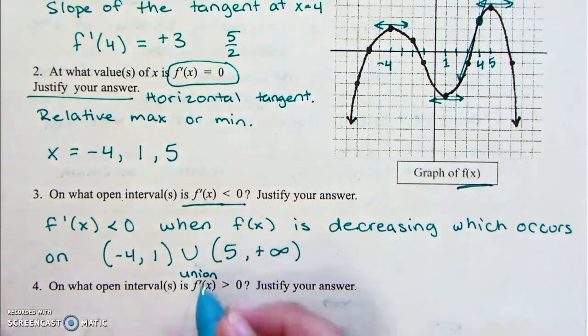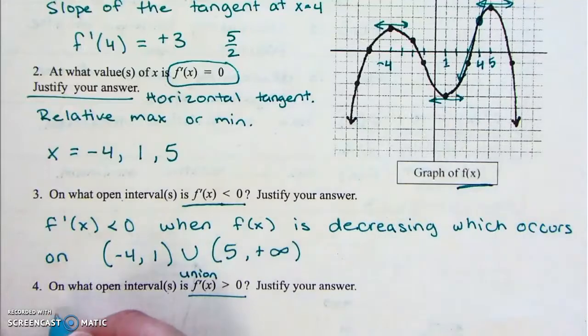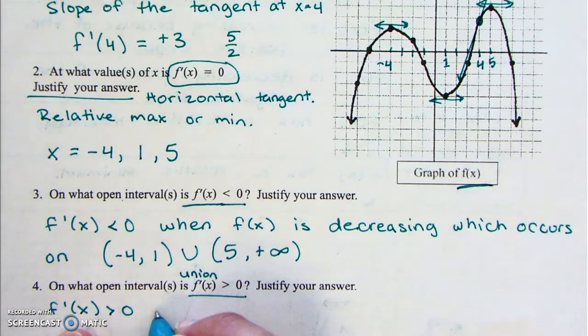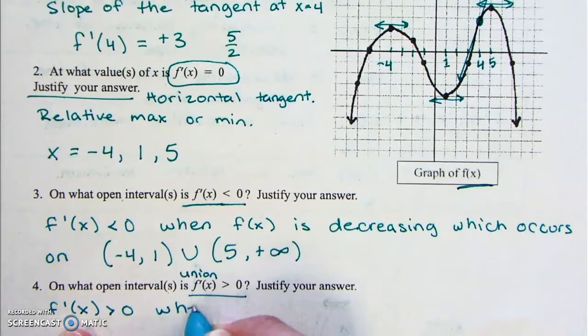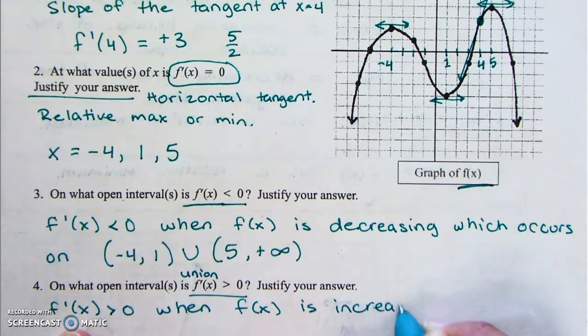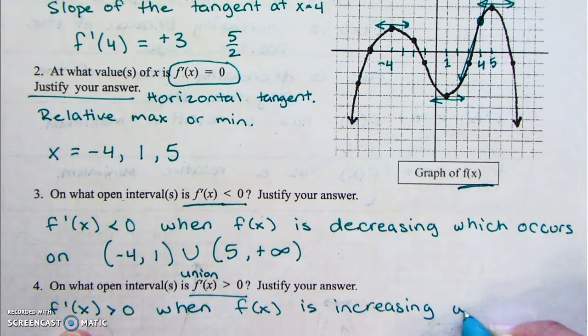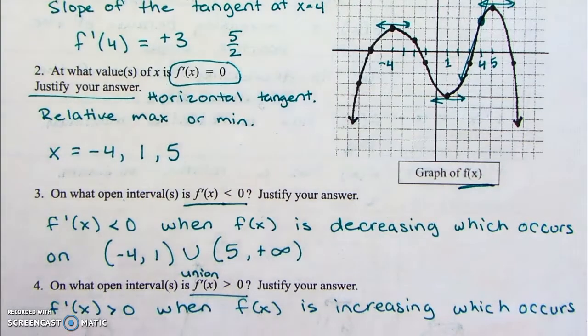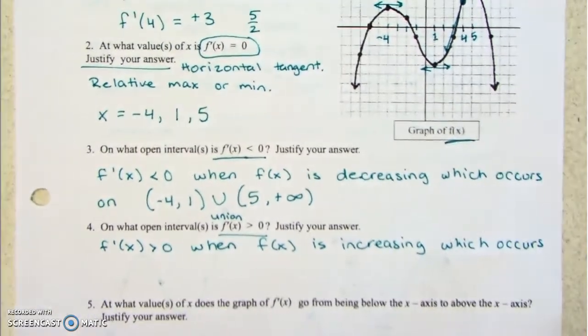Okay, hey, what is f prime of x greater than 0? Write your definition. These definitions are super important. F prime of x is greater than 0 when f of x is increasing, which occurs, getting to the bottom of my video.